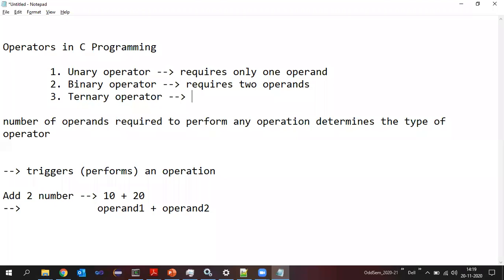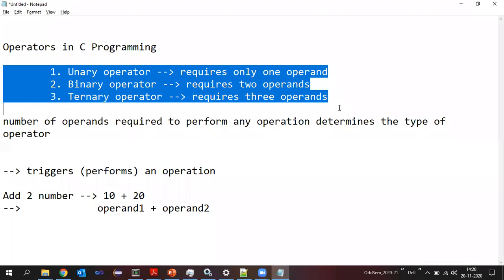Then, can you guess how many operands are required for the third one here? Ternary. Can anybody guess? Three operands. Three operands, yes, very good. It requires three operands. So based upon the number of operands required to perform that particular operation, we can classify among these. Okay, these are the broad classifications.